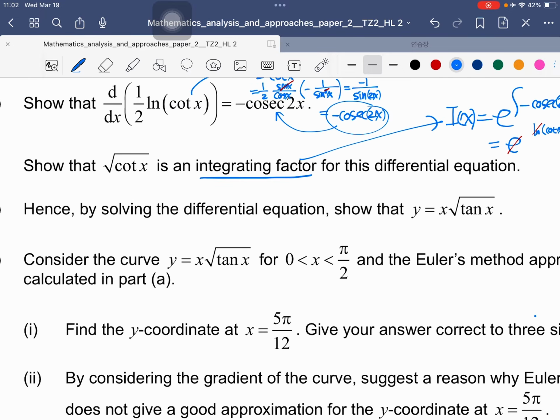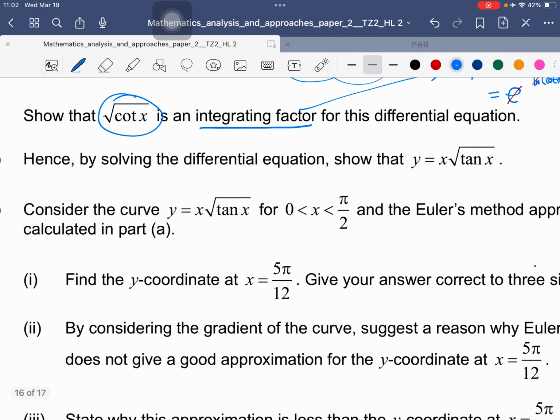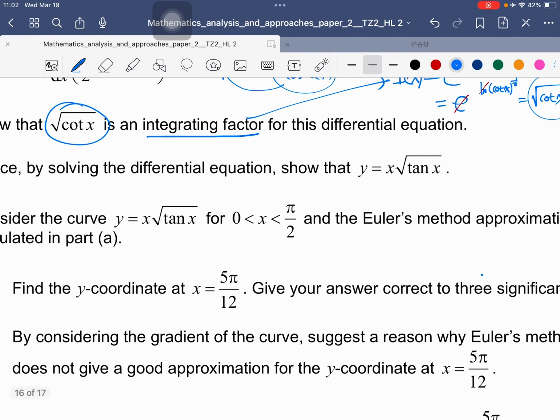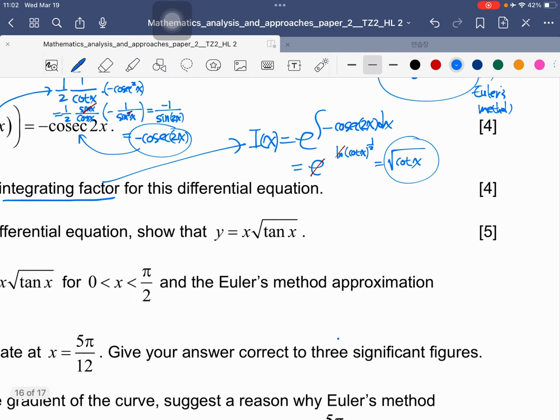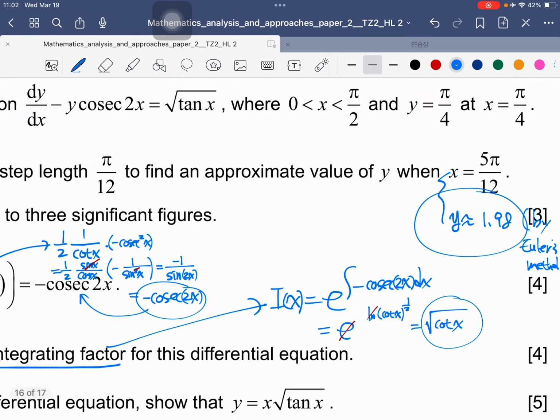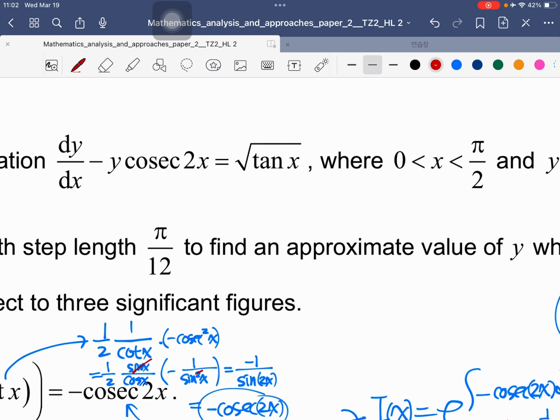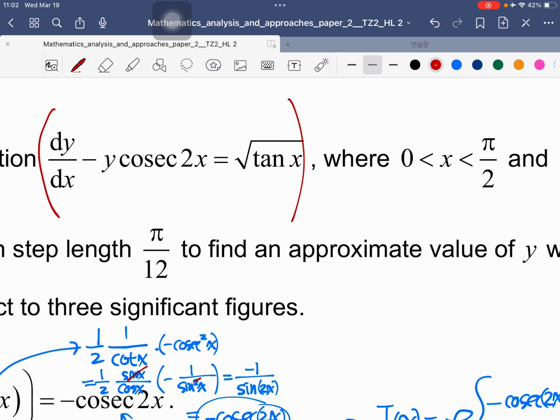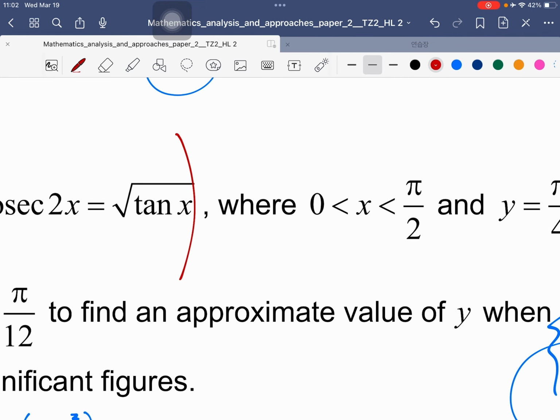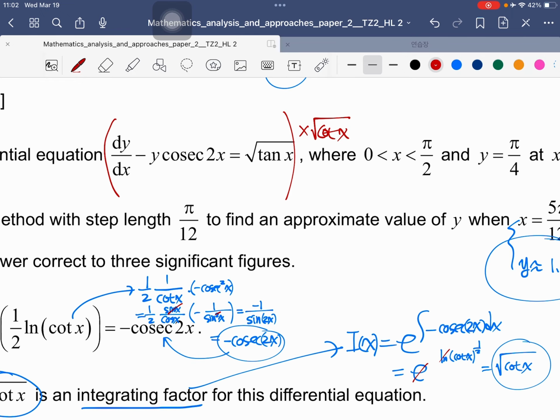Hence, by solving the differential equation, show that y equals this one. So multiply the square root of cotangent of x on both sides, and then do the integral.